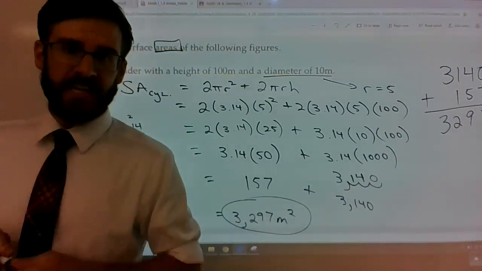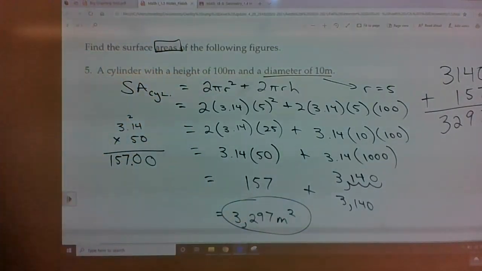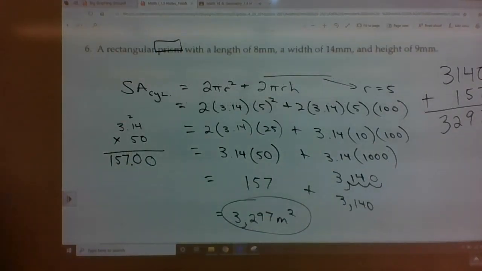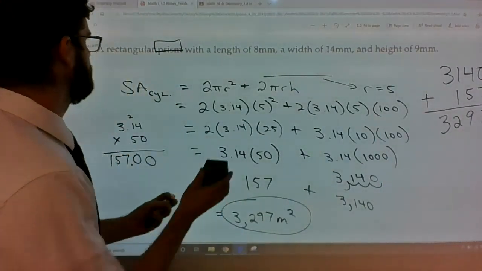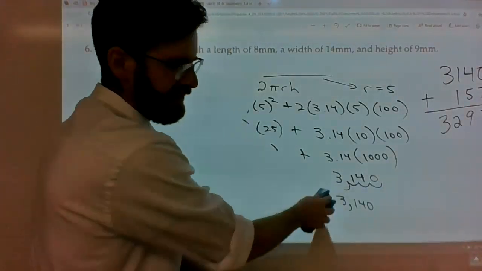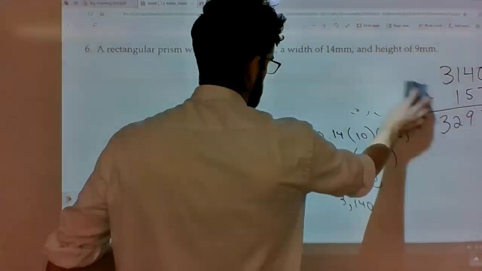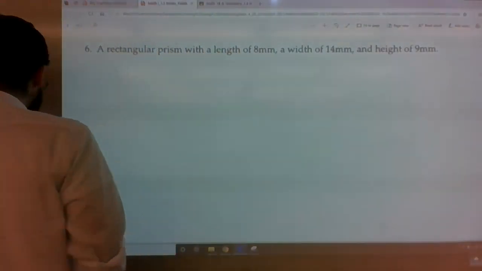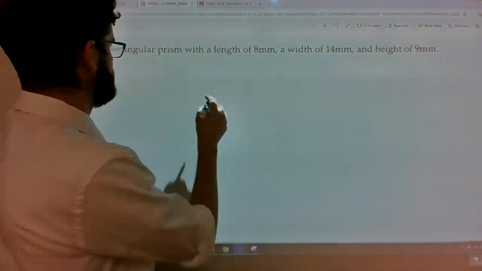All right, and quickly, the last example. How would you determine the surface area of a rectangular prism, kind of like that box example? So it's interesting.